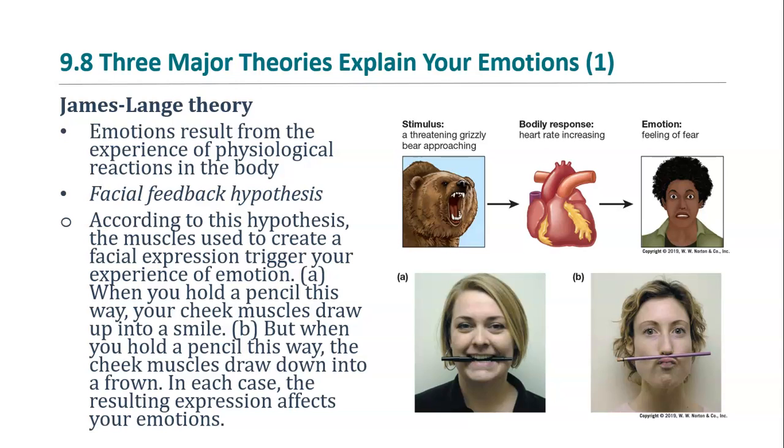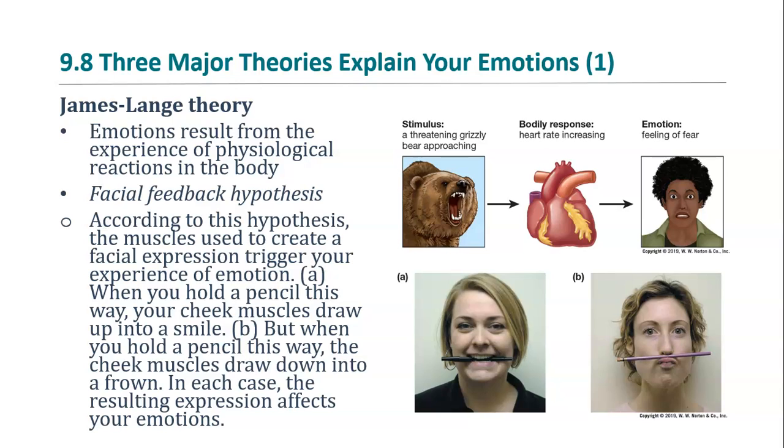This is something that goes back to the 1960s with Tomkins. The idea behind the facial feedback hypothesis is that we get sensory feedback from the way our face is shaped, and that tells us something about the emotion that we're feeling.